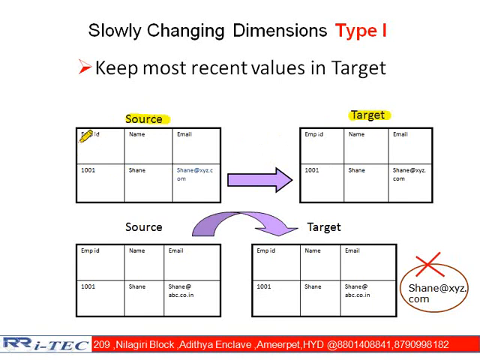First time whenever you are loading, let us say employee ID is 1001, name is Shan, email is shan@xyz.com. Let us say this guy Shan is working in a company known as TCS. Is TCS a service-based company or product-based company, sir? Service-based company.